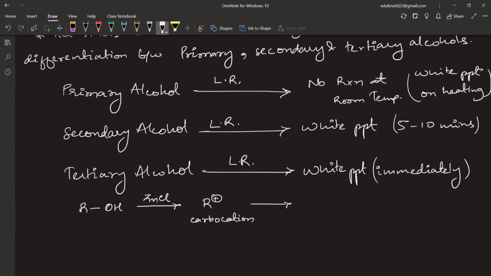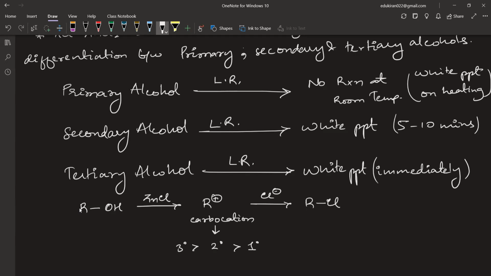And then further we have Cl negative from HCl, and then they react with each other to form RCl. Now, when you have carbocation, the stability of carbocation is 3 degree most stable, followed by 2 degree, and then 1 degree. And that is why when you have 3 degree tertiary alcohol, this carbocation is formed very fast, because this 3 degree is very stable. That means it is formed very fast.